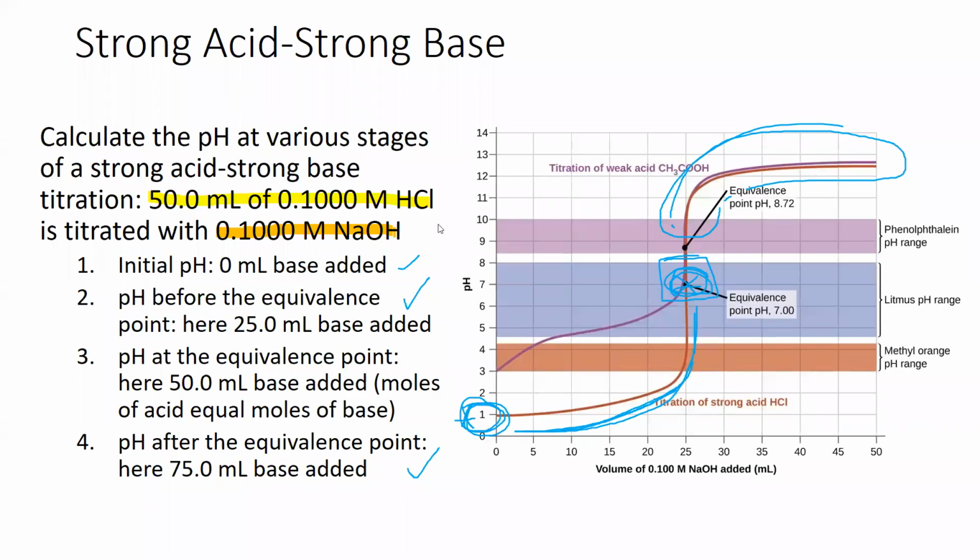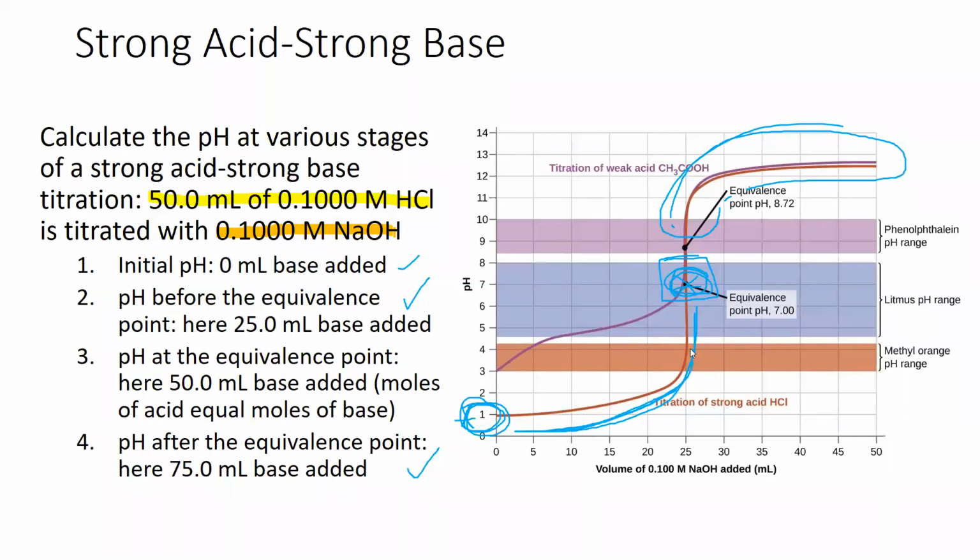All right, so in our last class, we left off working on the calculation of the pH of a strong acid with a strong base. We had four general areas that we really care about. The initial, right here before you've added any of the titrant.